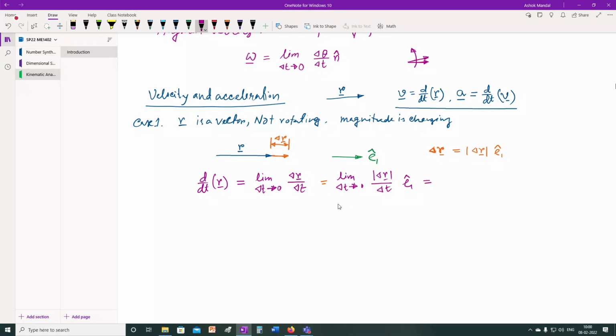Now you see this whole thing is a scalar quantity, is it not? If it is a scalar quantity, we simply write this.